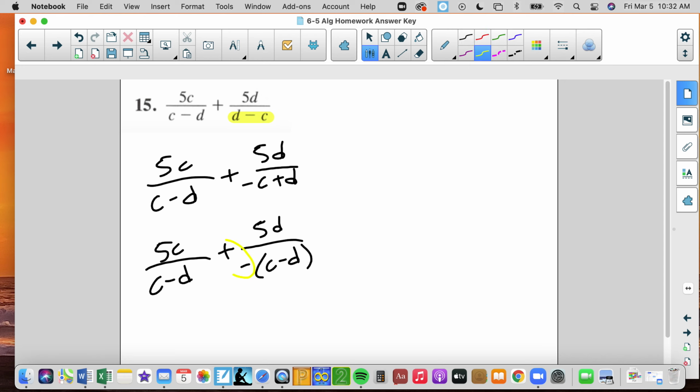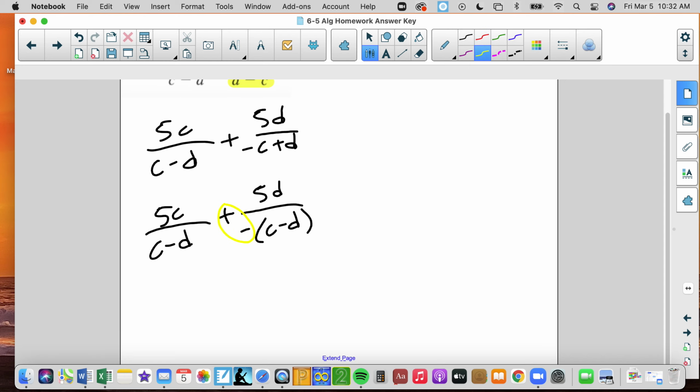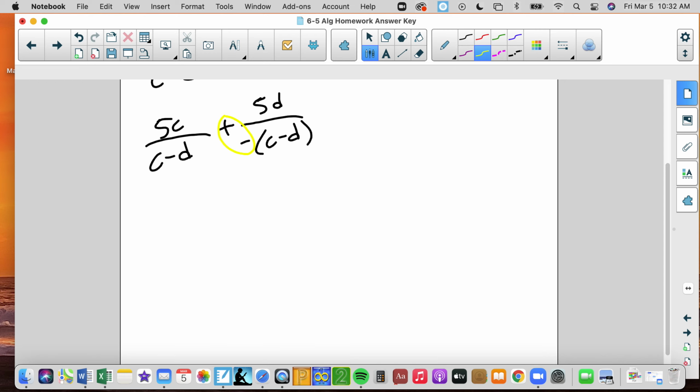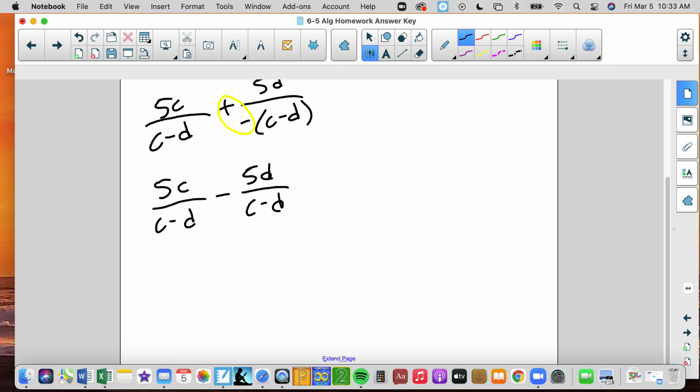So now we can cancel those, or combine those signs, shall we say, and we get 5c over c minus d minus 5d over c minus d. And the way we get the minus is a positive times a negative is a negative. Now we have like denominators.